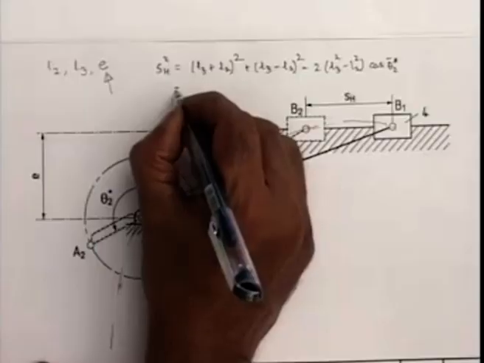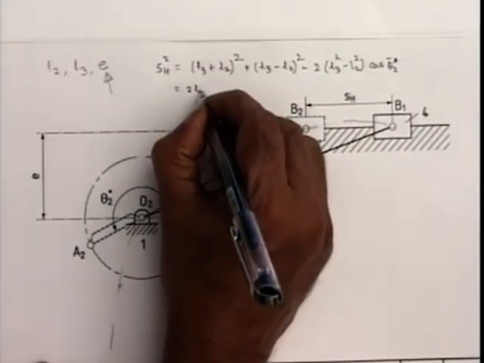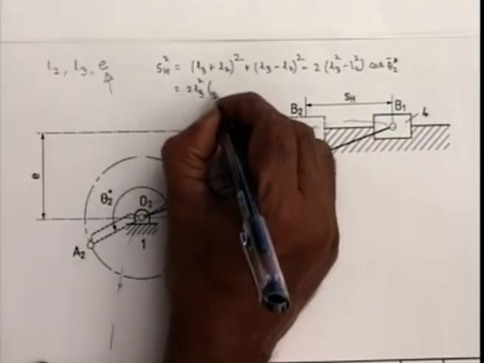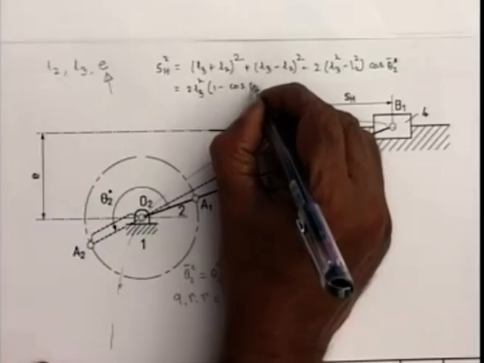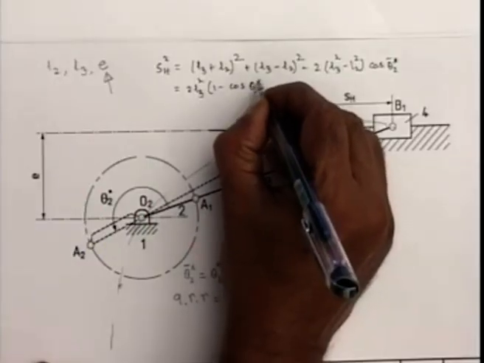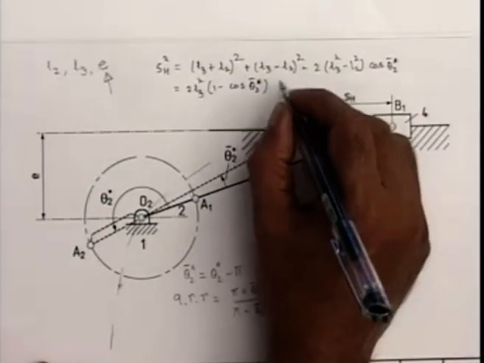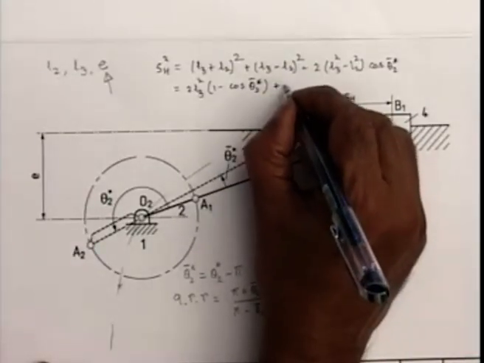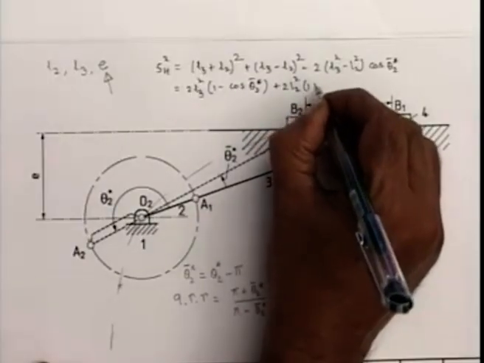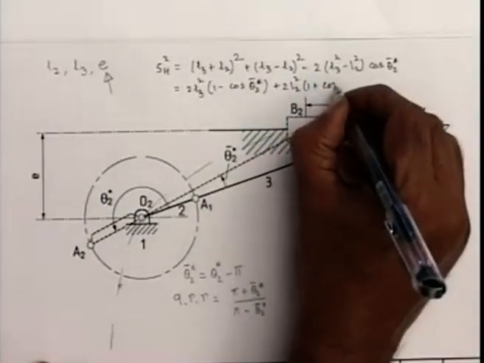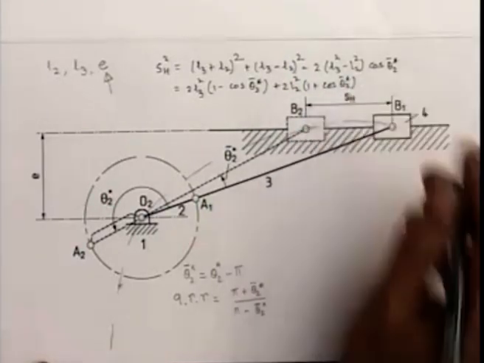If we simplify, we get 2 L3 squared into 1 minus cosine theta 2 star bar plus 2 L2 squared into 1 plus cosine theta 2 star bar.